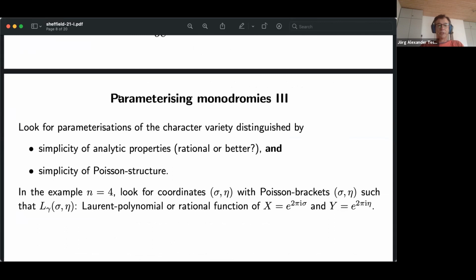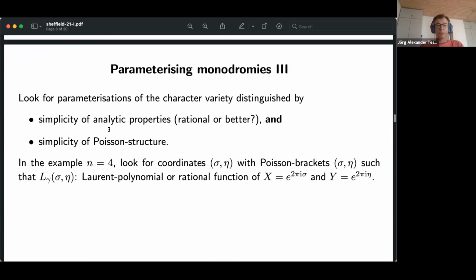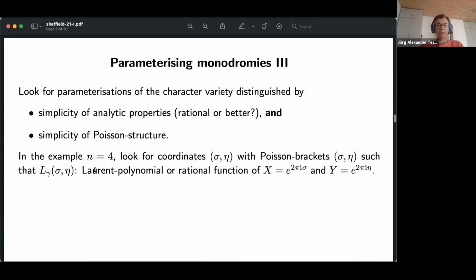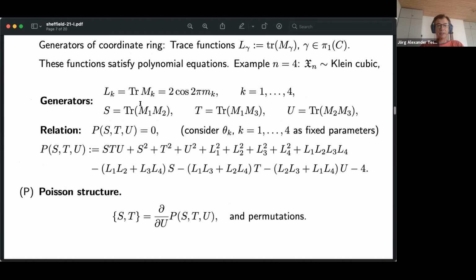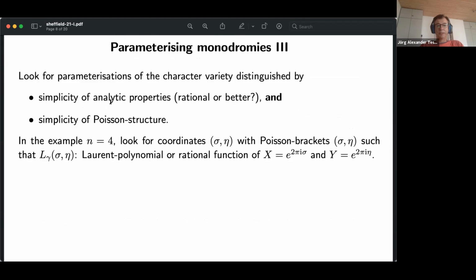There are of course zillions of ways of introducing coordinates, but some ways are better than others. What can be distinguishing features of choices of coordinates, which is choices of parameters for these trace functions L gamma, will be a simplicity of analytic properties.